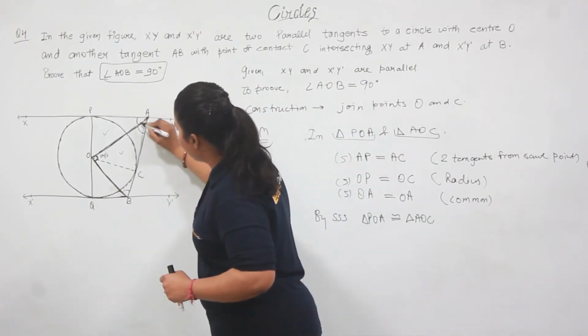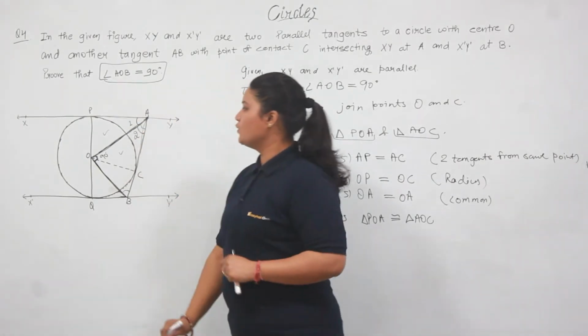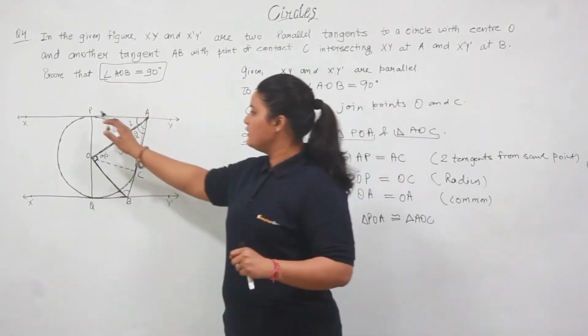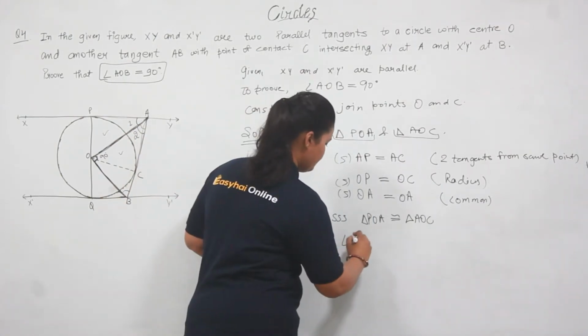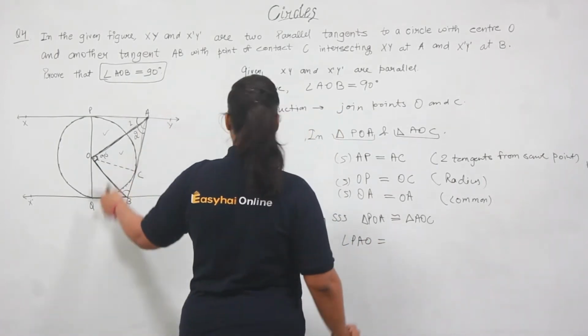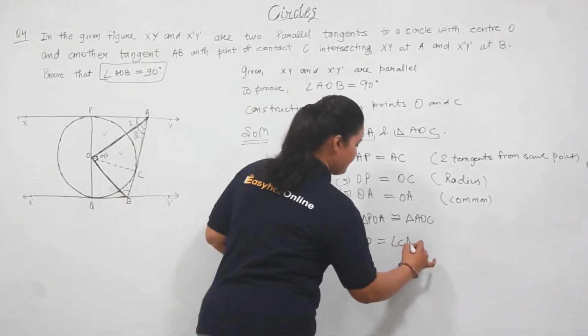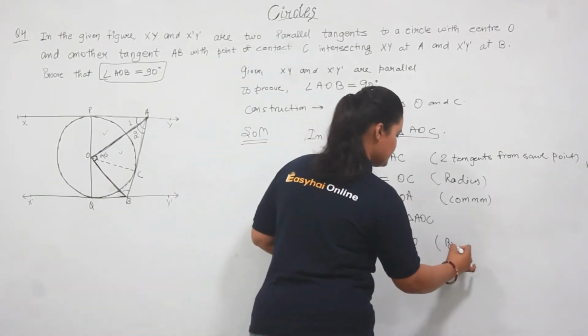So I can say, if I name it as number 1 and this number 2, angle PAO will be equal to angle CAO, by CPCT.